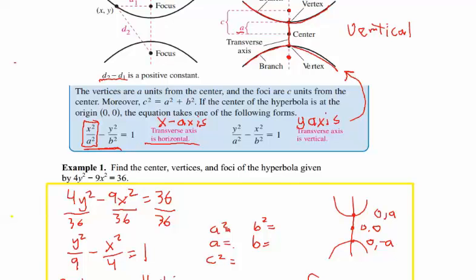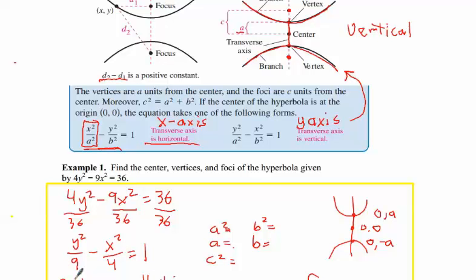So the first step is to put it into standard form, make the right side equal to 1. So we're going to divide everything by 36. I end up with y squared over 9 minus x squared over 4 equals 1.